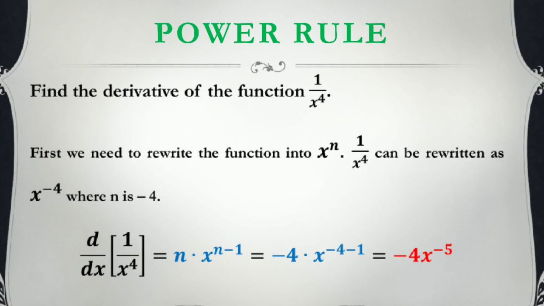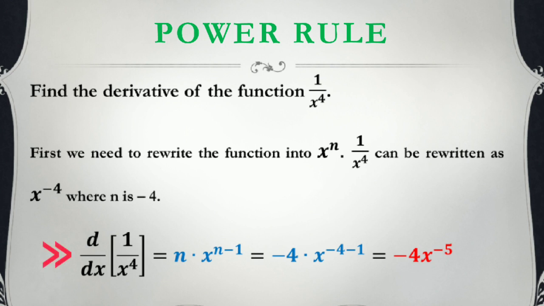Find the derivative of the function 1 over x to the power of 4. The first thing we need to do in order to apply the power rule here is that we need to rewrite the function into x to the power of n, and 1 over x to the power of 4 can be rewritten as x to the power of negative 4. If you remember, when the exponents are negative, we can express it in their positive reciprocal.